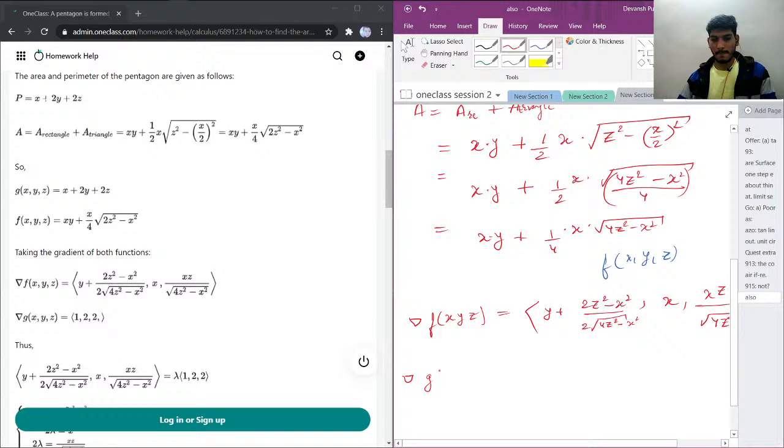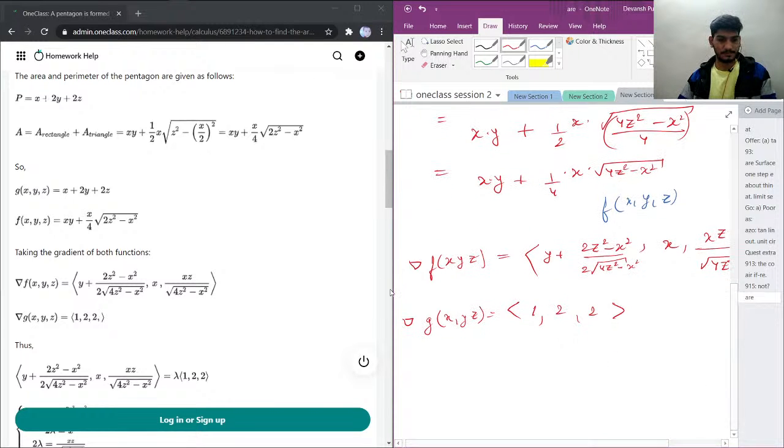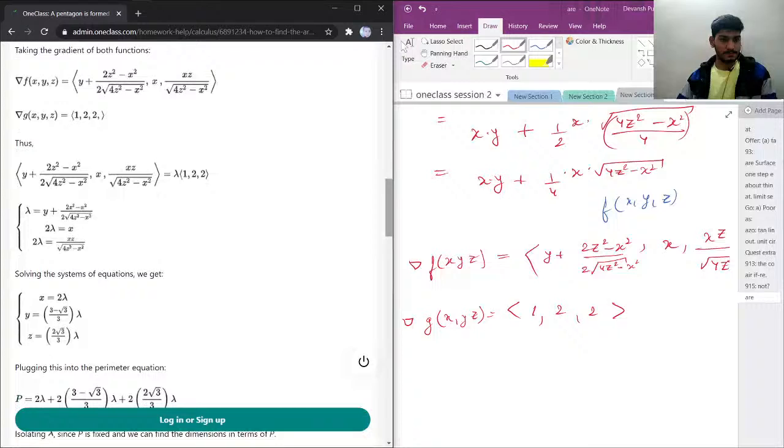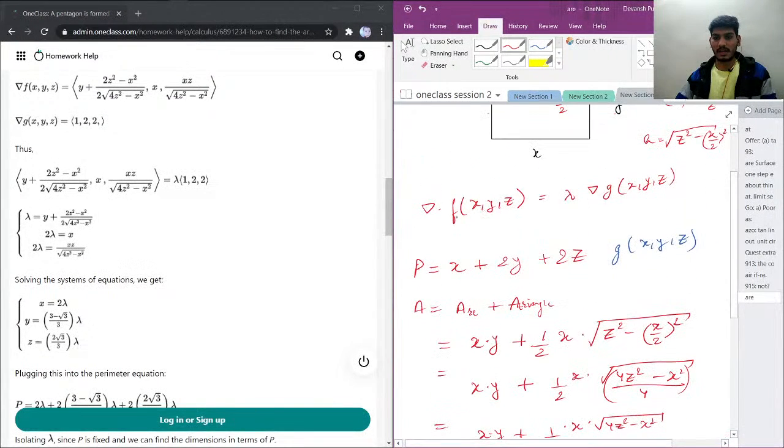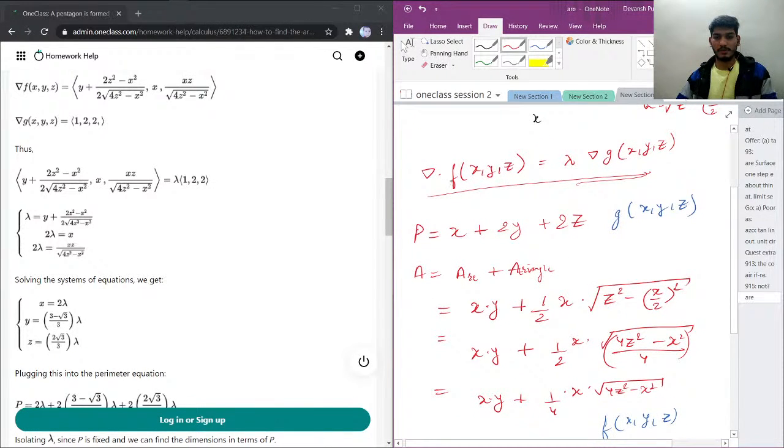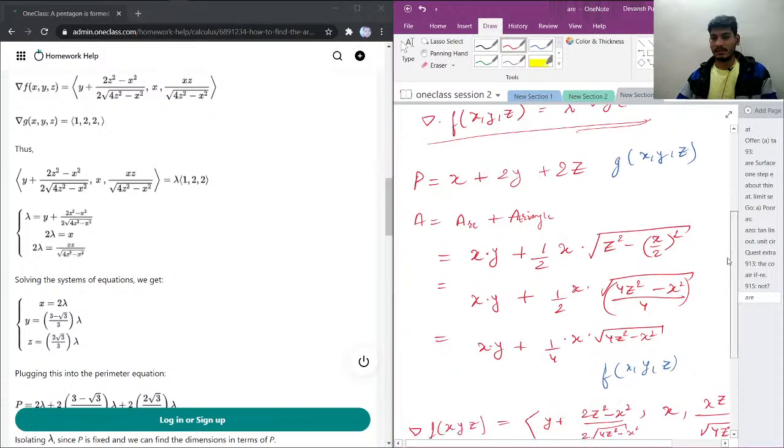Gradient of g of x, y, z. What was g of x, y, z? I'll just take this from here. The derivative with respect to x will be 1, with respect to y 2, and with respect to z 2. Now we'll go back and use this Lagrangian property and put the values of the gradients into this equation.